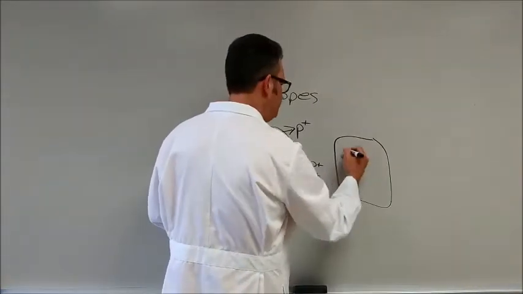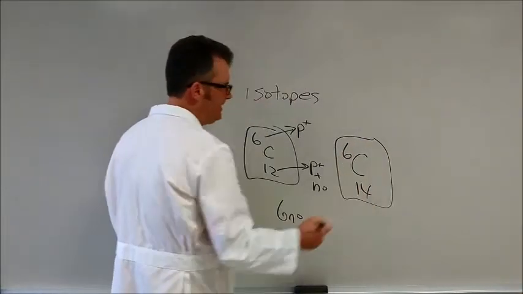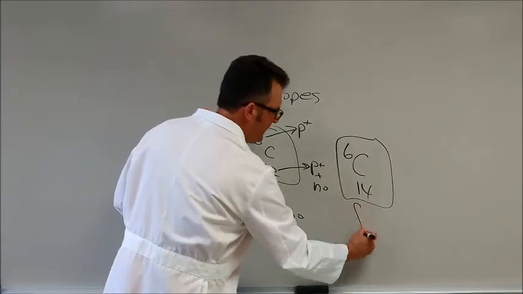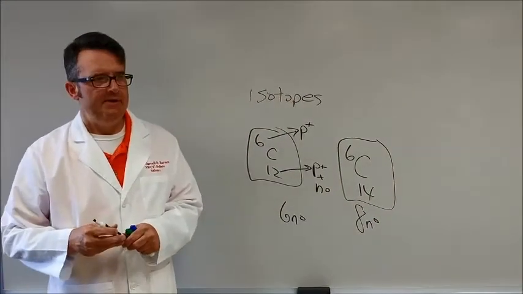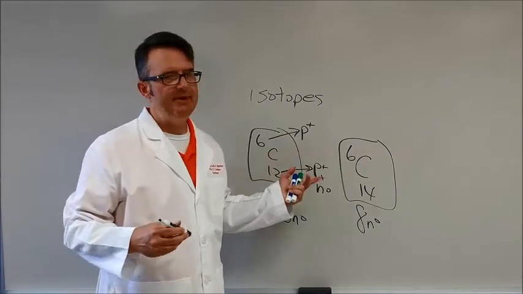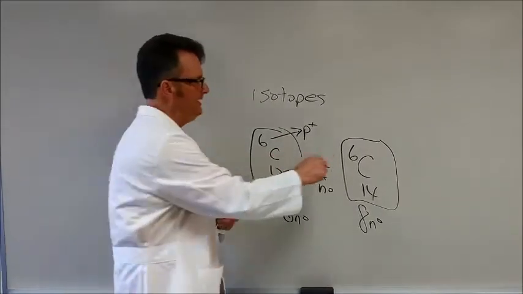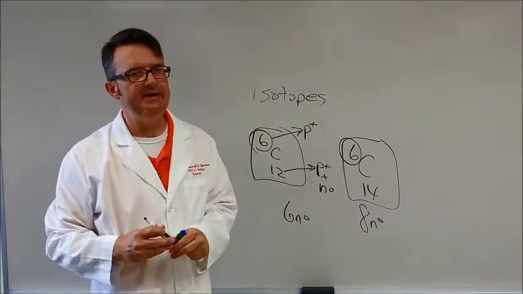What about carbon 14? 14 minus 6 makes what? 8 neutrons. So it's possible to have an element that has a different number of neutrons, but it's the same element. Why is that important? Because it's the proton number that determines the element's identity.